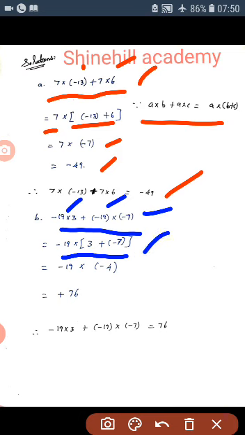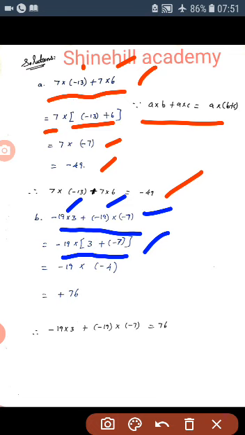Minus 19 into, compare 7 and 3. 7 is the greater number, and one is a positive integer and the other a negative integer, so 7 minus 3 is 4. The greater number is 7 and its symbol is minus, so minus 4.